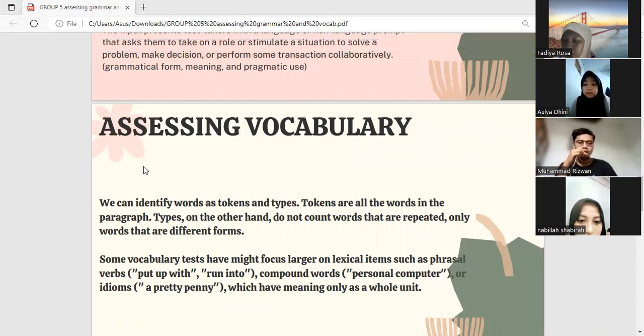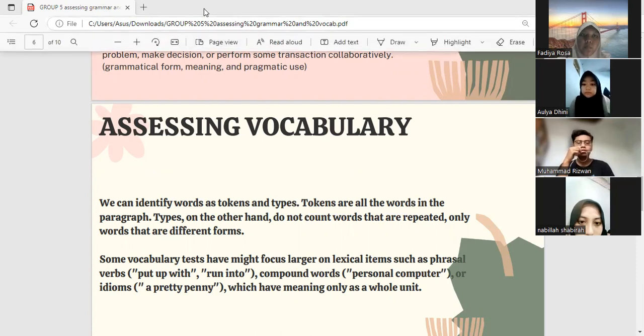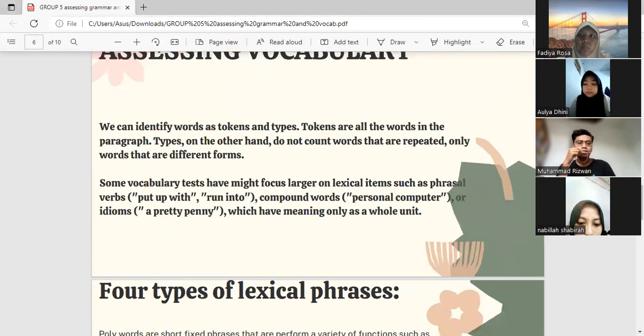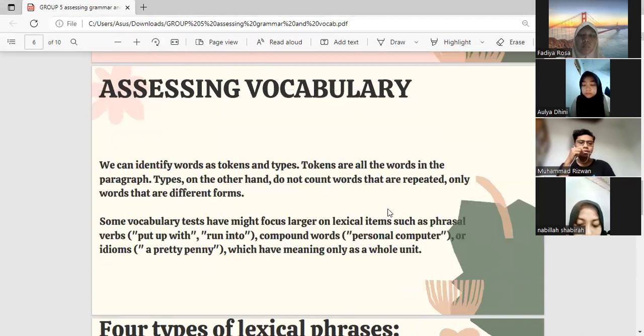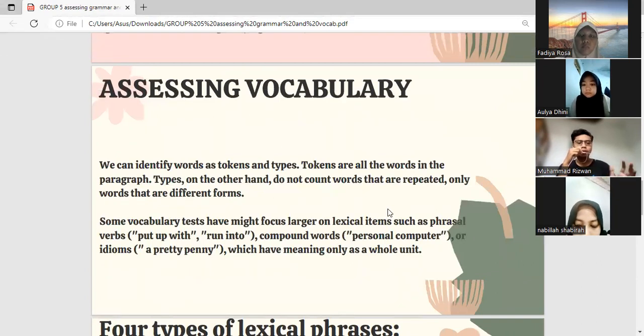The next is assessing vocabulary. In assessing vocabulary, we can identify words as tokens and types. Tokens are the words in the paragraph. Types, on the other hand, do not count repeated words, only words that are different.